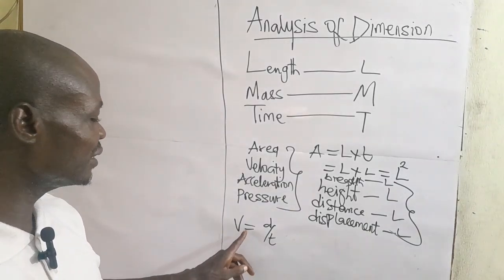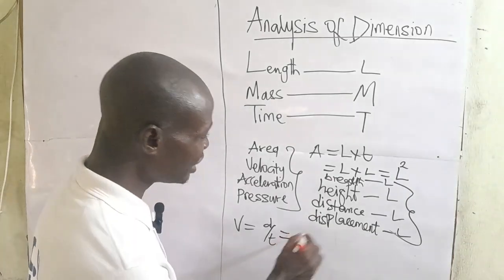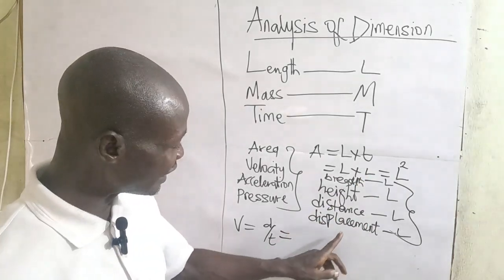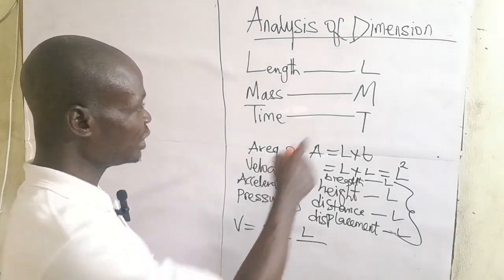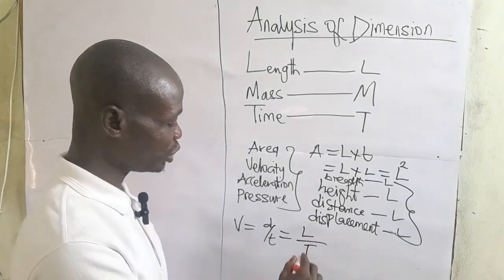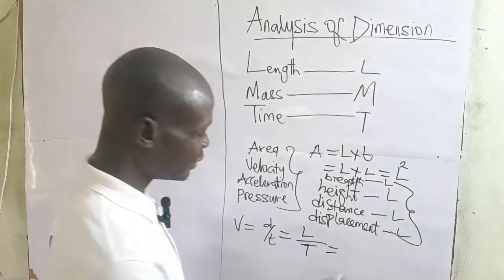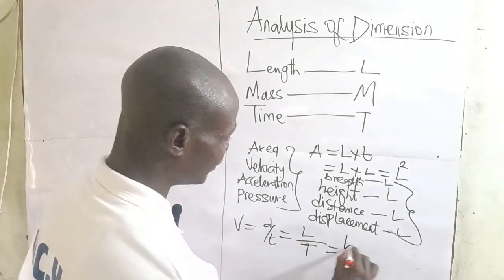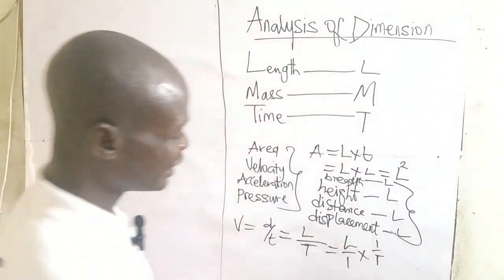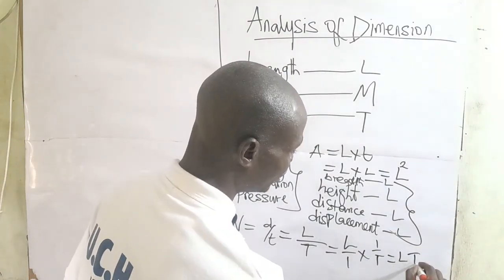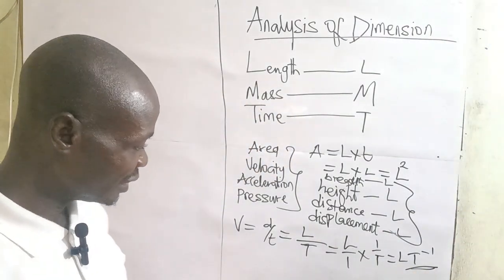If we define velocity as displacement per unit time, from what I have listed here, displacement is there and we are going to replace it with L. Time is equally there, and time is replaced with a capital T. So I now have L over T. From our indices rule, L over 1 multiplied by 1 over T is the same thing as L T raised to power minus 1. This is the dimension of velocity.